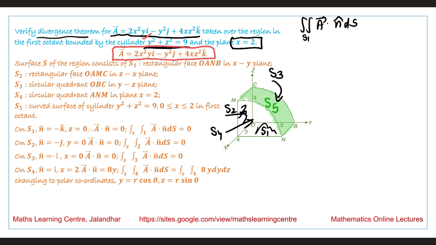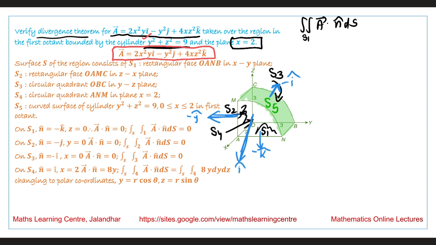Now for the surface S1, the normal will be in this direction, that is minus k cap. The normal for S2 is minus j cap. The normal to S3 is minus i cap. And the normal to S4 is i cap.